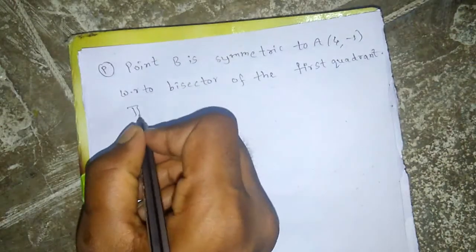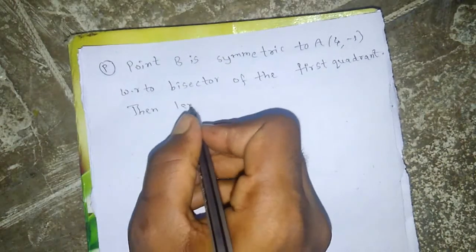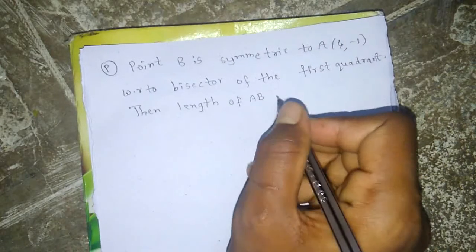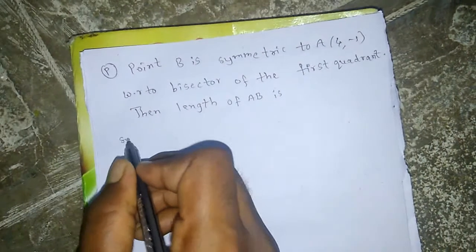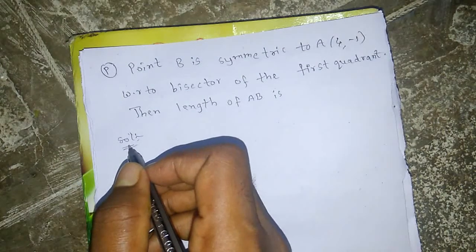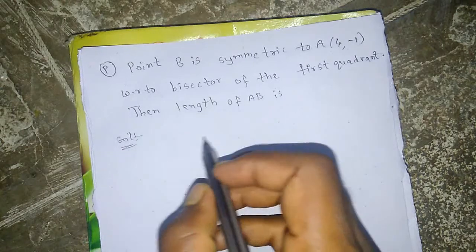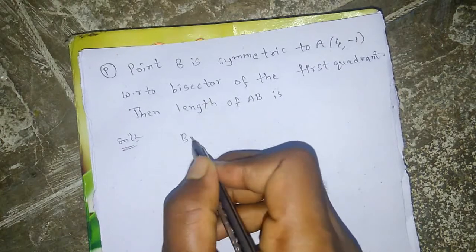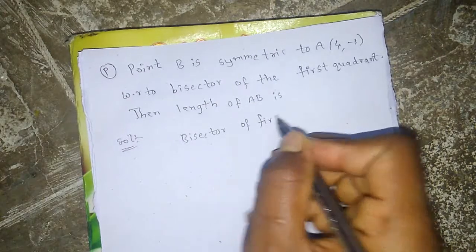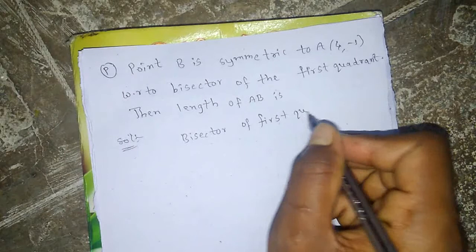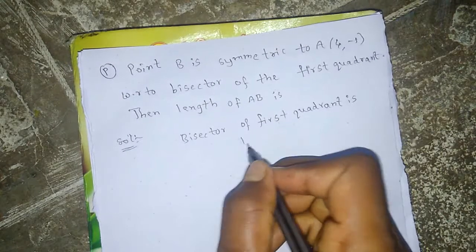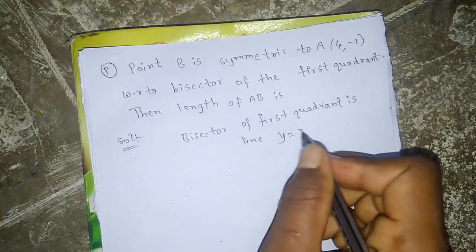Then length of AB is? Here the bisector of the first quadrant is the line y is equal to x.